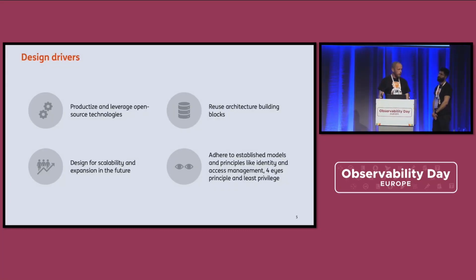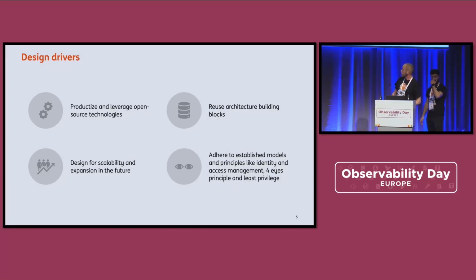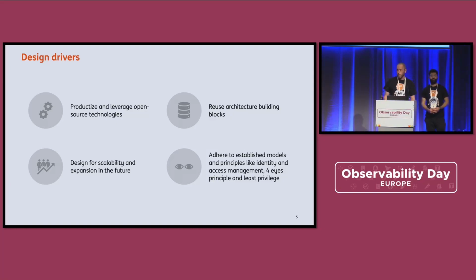If we talk about design drivers, everybody knows about scalability and those kinds of things. The thing that I really want to highlight today is the architecture building blocks, because everybody knows that in an enterprise it makes sense to reuse those building blocks, but even more so in a bank, because there's a thing called risk and compliance. We are very concerned about risk and compliance. If you walk on our floor, you hear things like risk appetite, risk controls, in-control statements, risk scores.